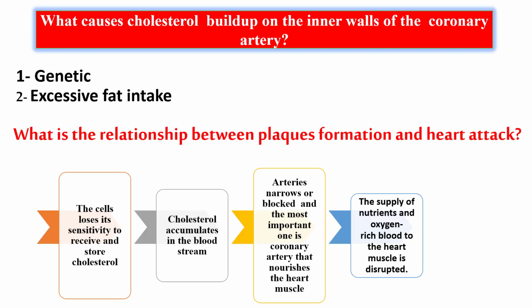The supply of nutrients and oxygen-rich blood to the heart muscle is disrupted, and this may result in a heart attack. So, accumulation of plaque in the inner wall of the arteries may result in a heart attack, since it will narrow your arteries and disrupt the blood, oxygen, and nutrient supply to the heart.